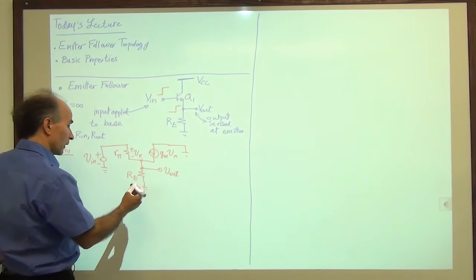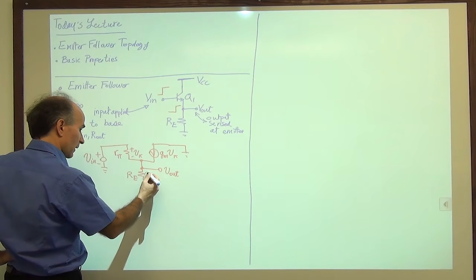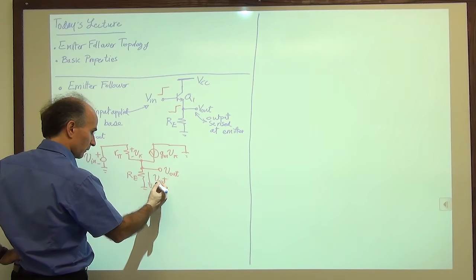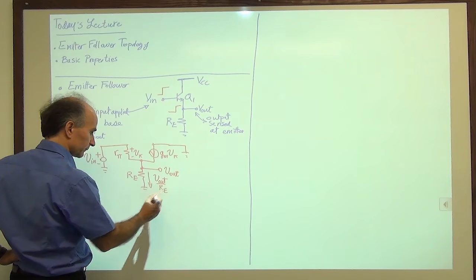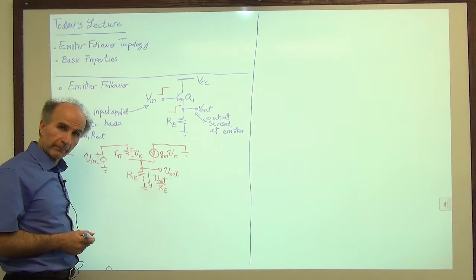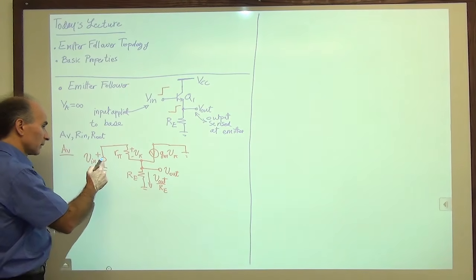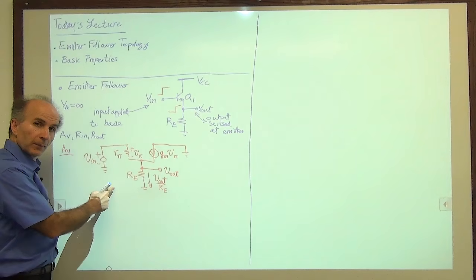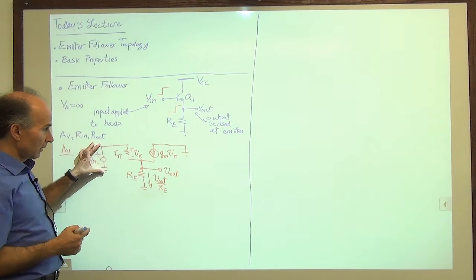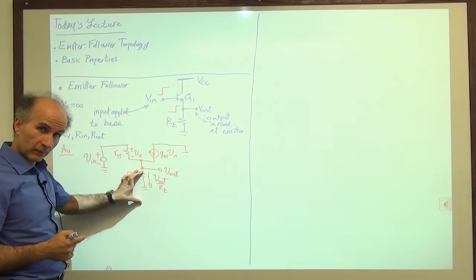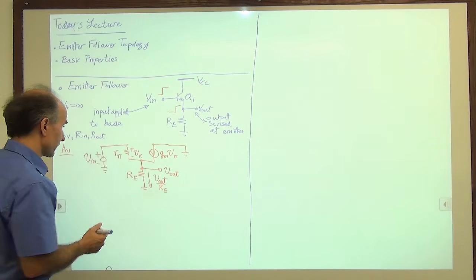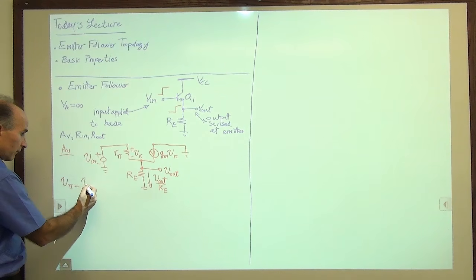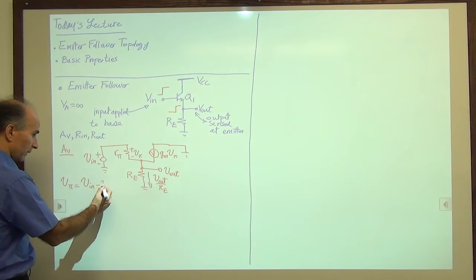And what we recognize is that this current is V out over RE. That's one little factoid to remember. And then to find V pi, we can just write a KVL around this loop, because we know that this voltage must be equal to this voltage plus this voltage. So that tells us that V pi is equal to V in minus V out.